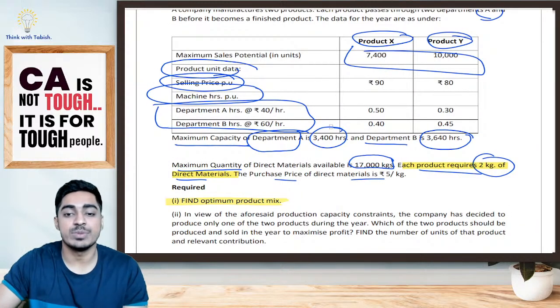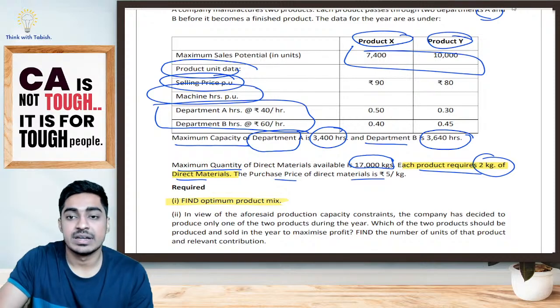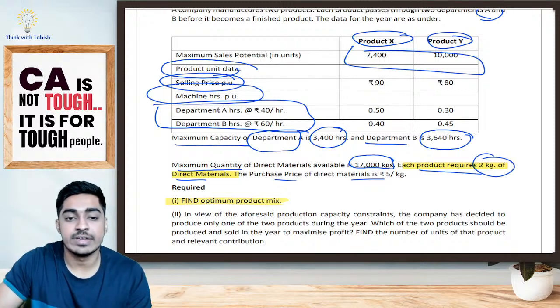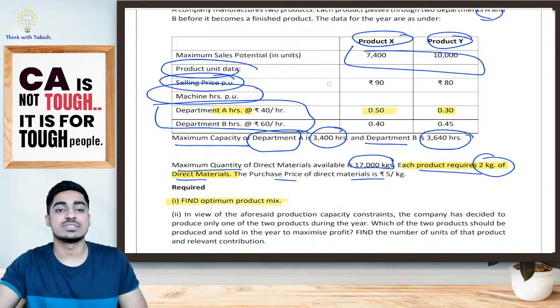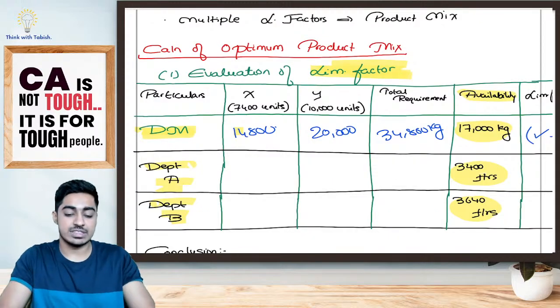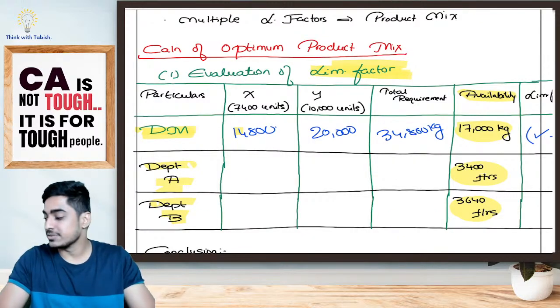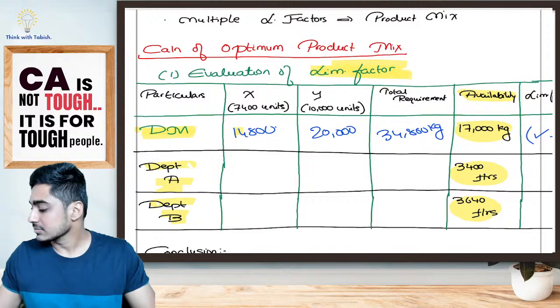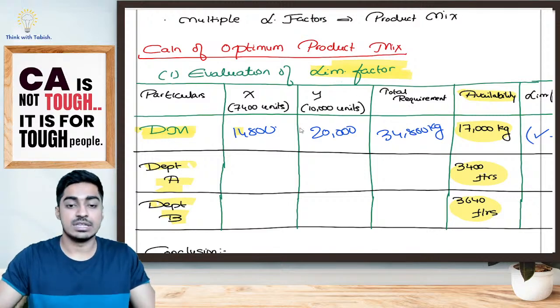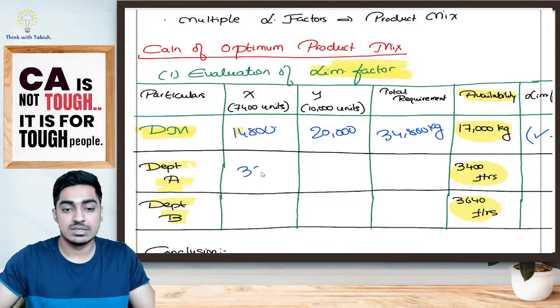Now department A. Yes, department A, how many hours we are taking? Department A, we are taking 0.5 hours and 0.3 hours. So for 7,400 units, 0.5 hours, 3,700 hours.